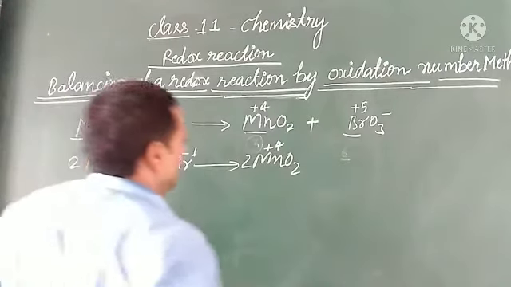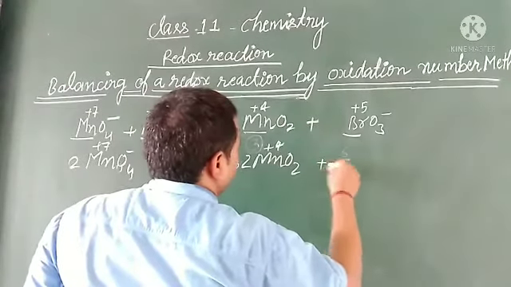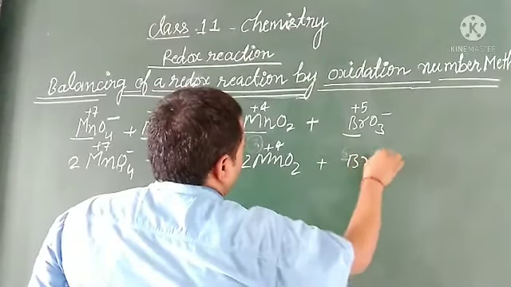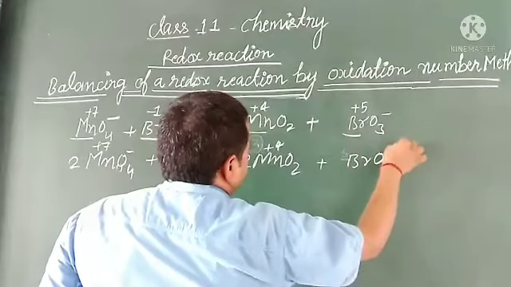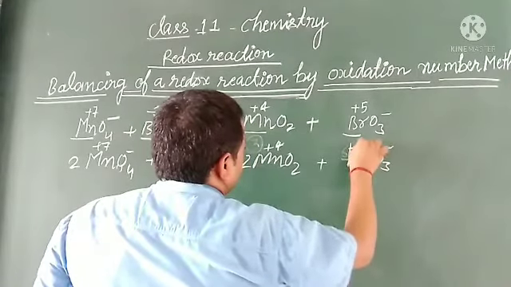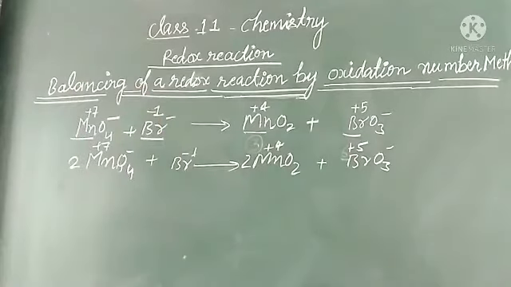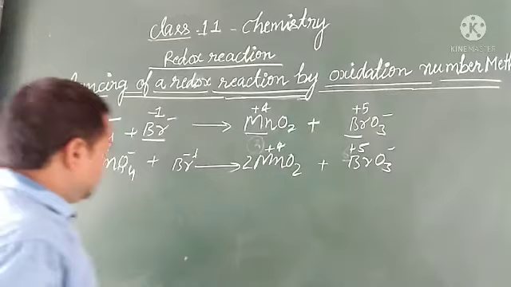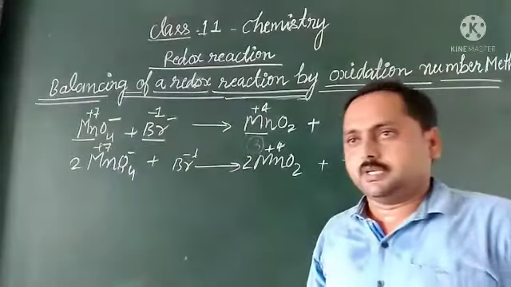And next, BrO3 minus, where the oxidation state is plus 5. So let us calculate the change in oxidation state.